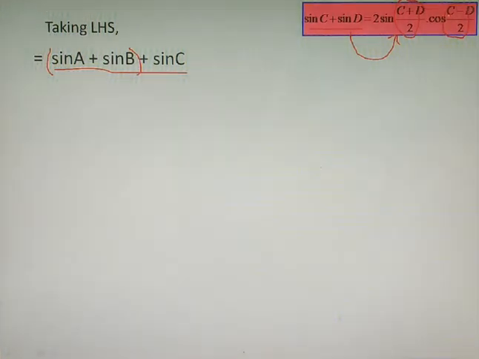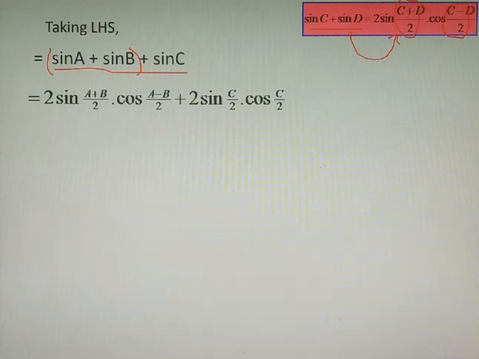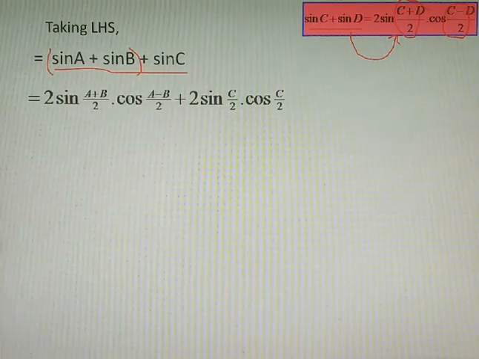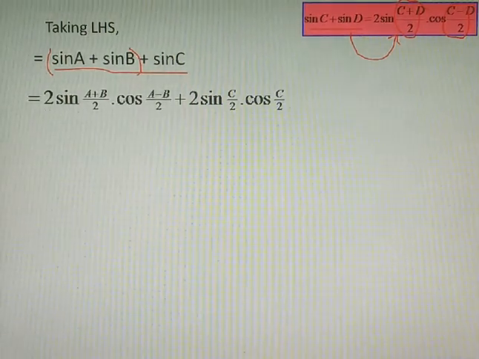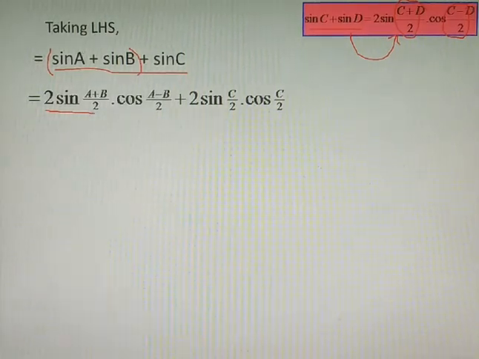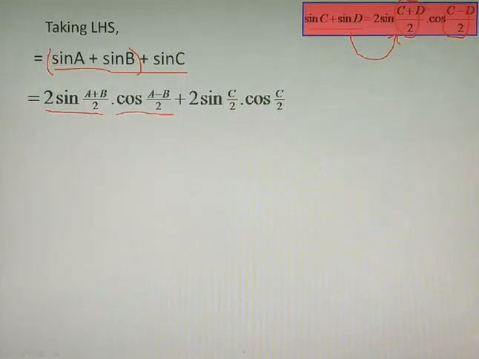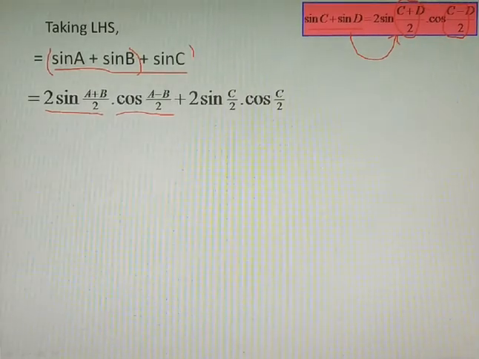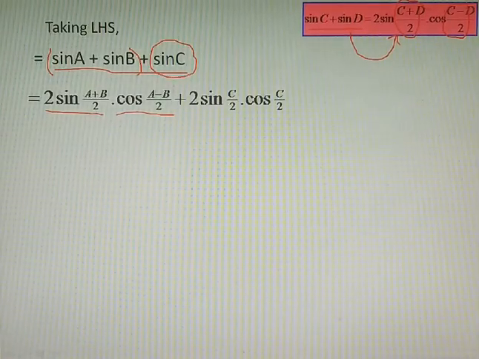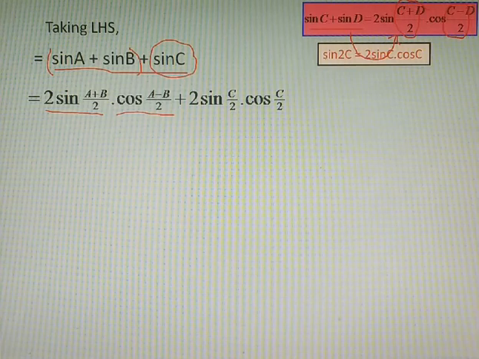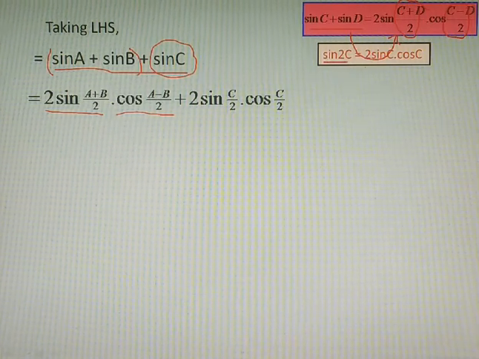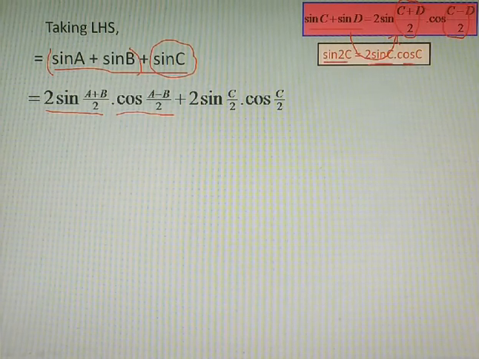So changing in the same form, we can write sine A plus sine B as 2 sine (A plus B) by 2 into cos (A minus B) by 2, and regarding sine C, we have a formula sine 2C is equal to 2 sine C into cos C.